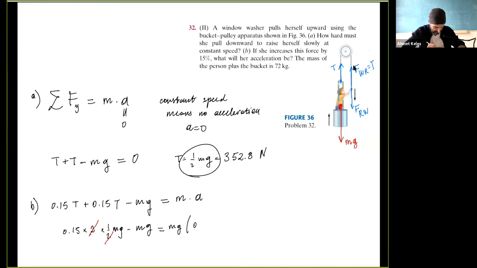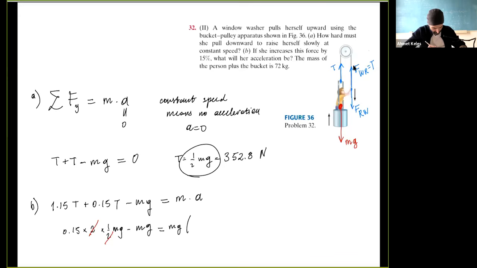Oh, actually I made a mistake. So she's increasing. An increase is like what? The original plus an increase, like original T plus 0.15 T. That makes 1.15 T, right? Sorry, I messed up.